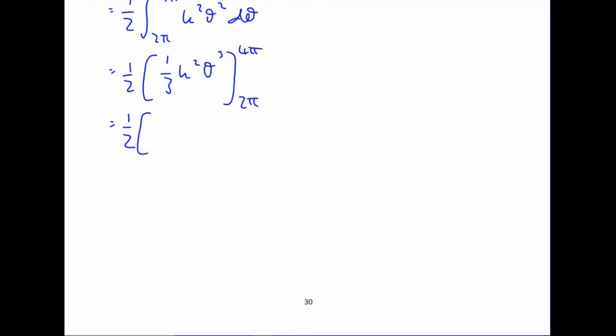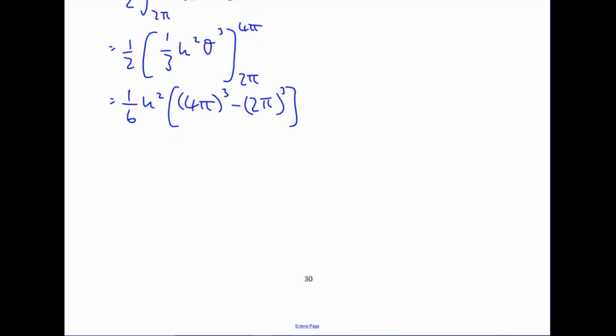Sub that in. You could take the third k squared out if you want, which I will do. So 1 over 6 k squared, and I've got 4 pi cubed minus 2 pi cubed. 4 cubed is 64, 2 cubed is 8, so that's 56 pi cubed. So let's simplify this and put in our value for k.